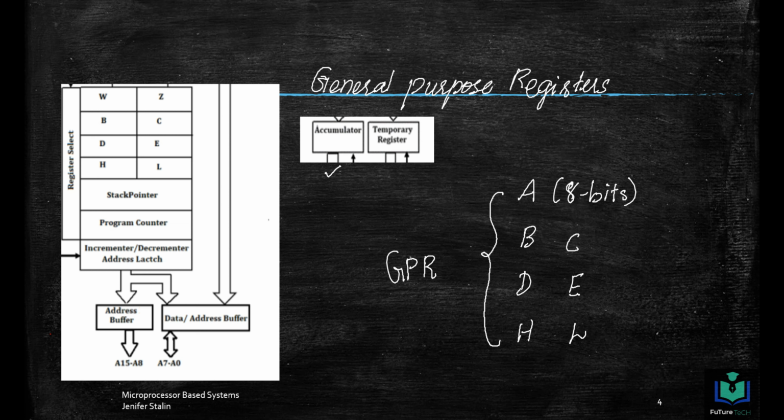B can be paired with C register, D can be paired with E register, H can be paired with L register. HL registers are the registers which are used by memory. The main purpose of HL register is to locate the address of the microprocessor.